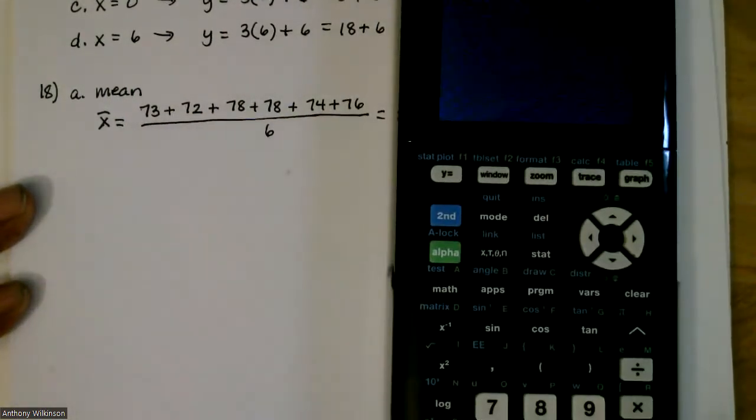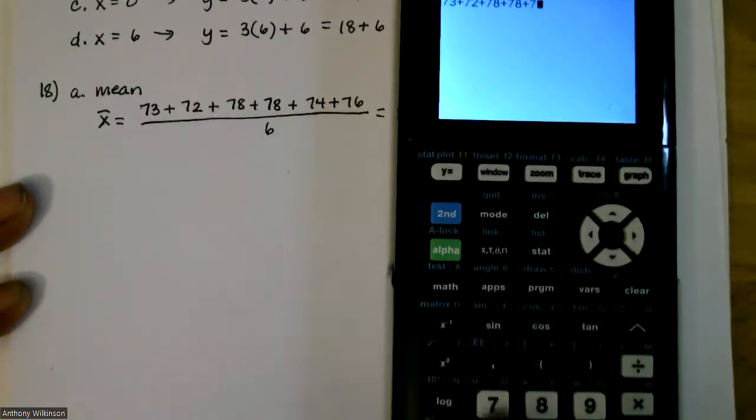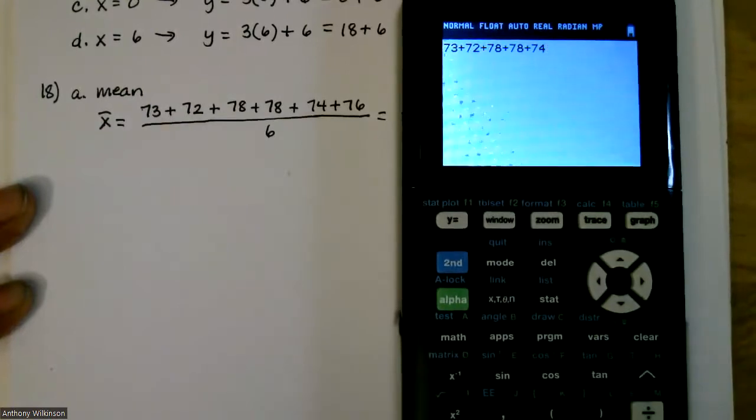Okay, so let me get the sum first. 73, 72, 78, 78, 74, and 76. That adds to 451.